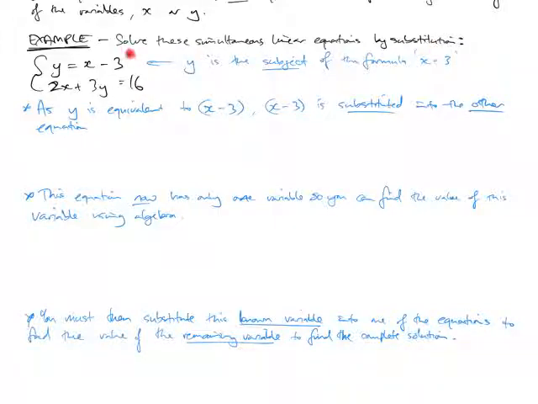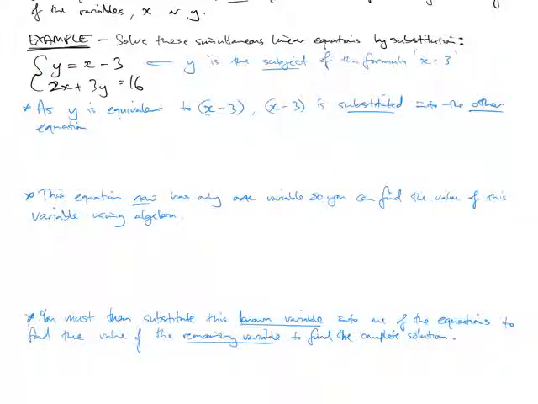First thing to notice is the first equation is given with y as a subject. Y is equal to x take 3. Y is the subject of the formula, x take 3. The other equation is not written in that form. You've got x and y on one side. Now, because y is the subject of that formula, it means y is equivalent to the other side.